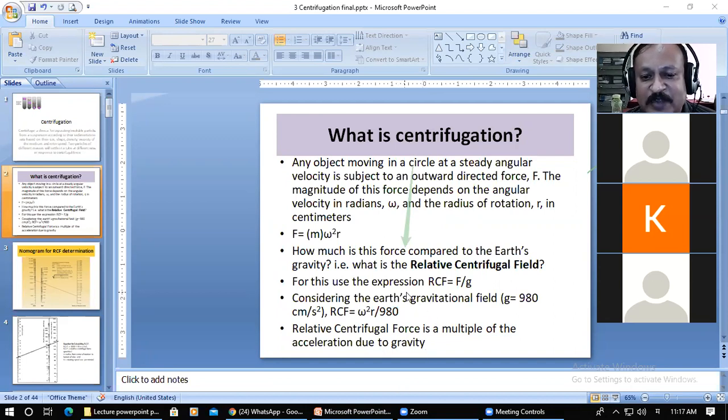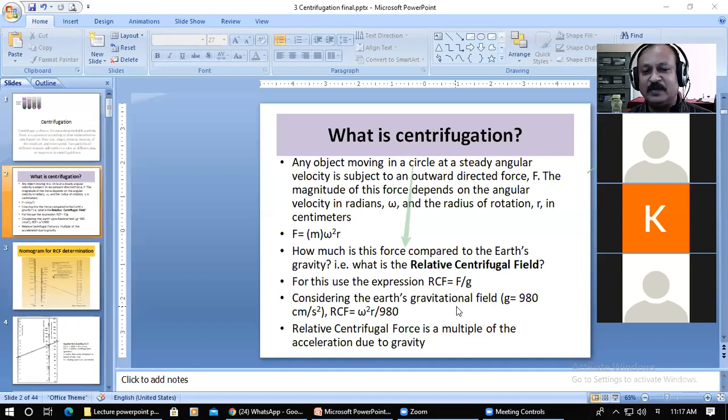So if we use the term RCF for the relative centrifugal field, then RCF is equal to the centrifugal force divided by the force of gravity. That will give us the number of times the centrifugal force is greater than Earth's gravitational field.